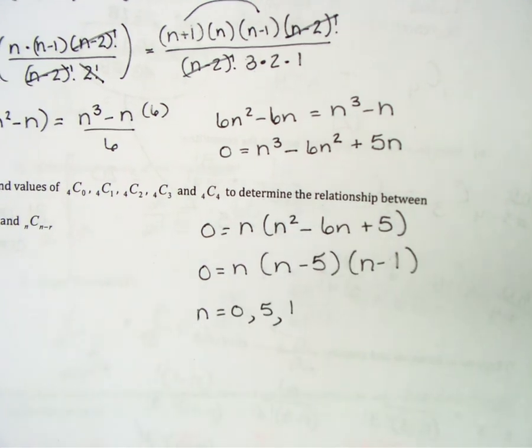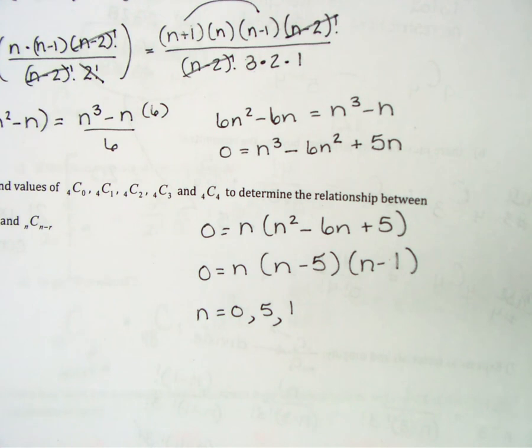Are we checking these? Do I need to reject any of those? What does n have to be? It has to be a natural number. So right away, 0 is gone. What else does n have to be?